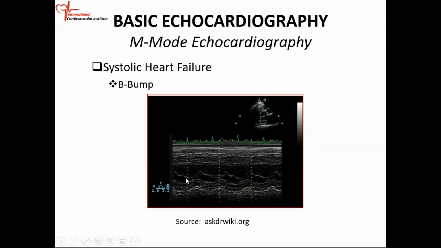When you see this B bump, it's telling you that your LV end diastolic pressure is elevated, and that's usually suggesting that the patient is in heart failure. So, the so-called B bump.